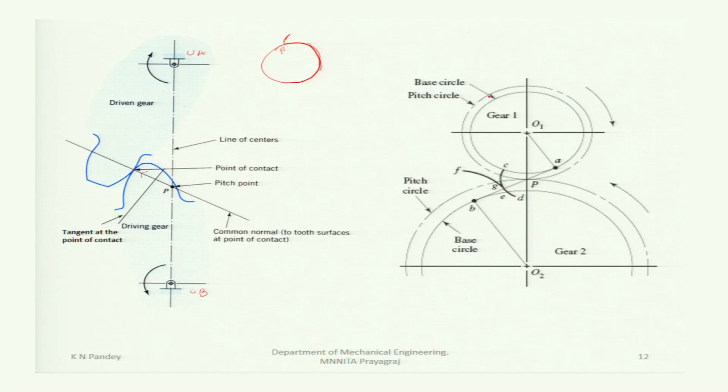In this figure, this is the pitch circle of the pinion, and this is the cylinder which is called the base circle, and this is the circle on which the wire is wound to generate the involute tooth profile.